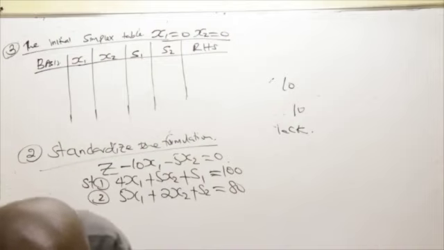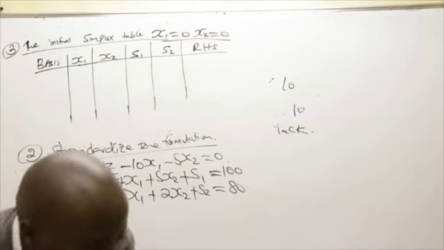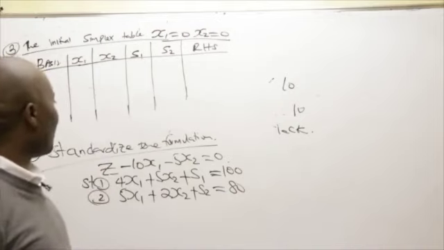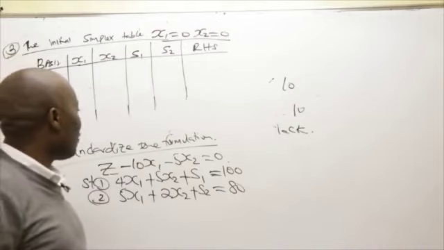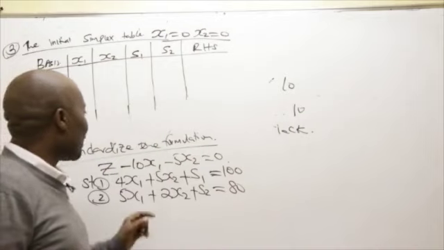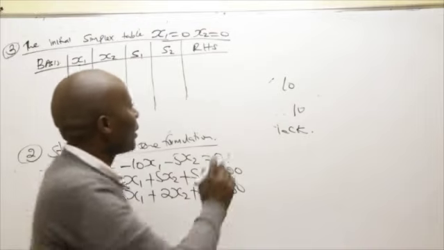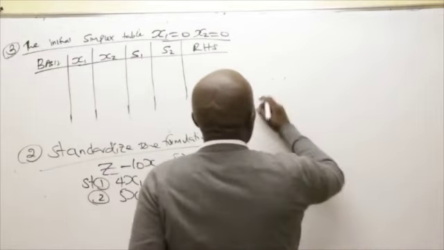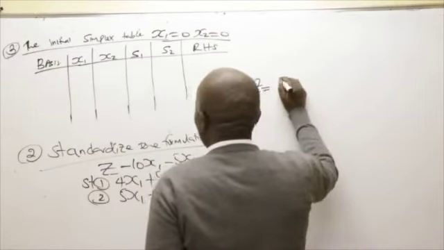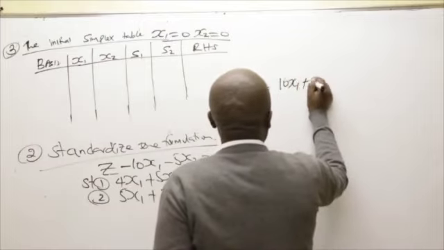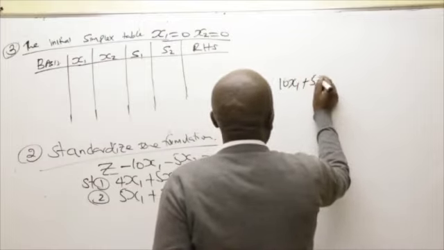Caro is asking, why can't it be 10x1 plus 5x2, or the z equation according to Caro, the z was equal to 10x1 plus 5x2.